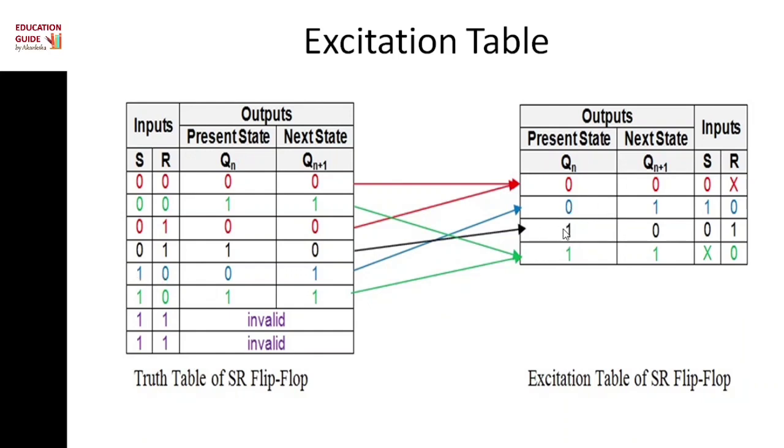After that, when we give input 1 and 0, then we get the output 0 and 1.